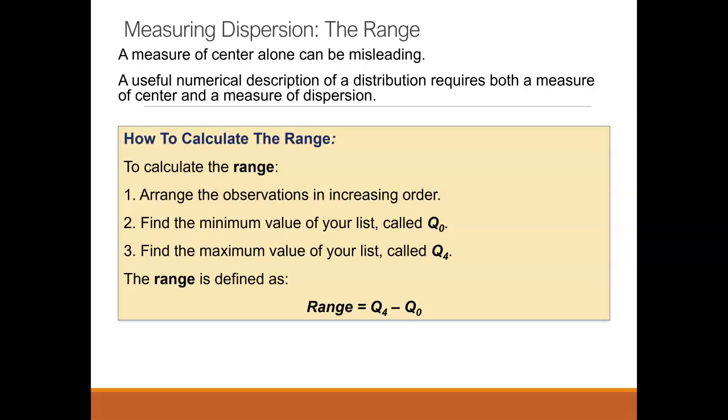In practice, how would we do this? Type the data set into our calculator, do the one variable stats, and then, I hate to break this to you guys, you're going to have to do the subtraction on your own. The calculator won't give you the range. You have to actually type in the subtraction yourself. Bummer!